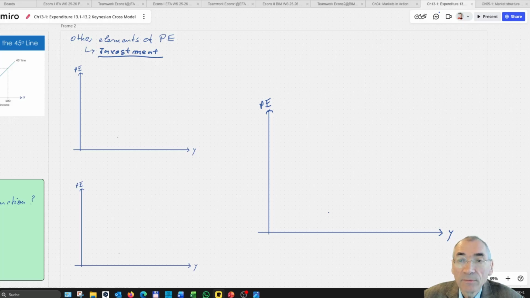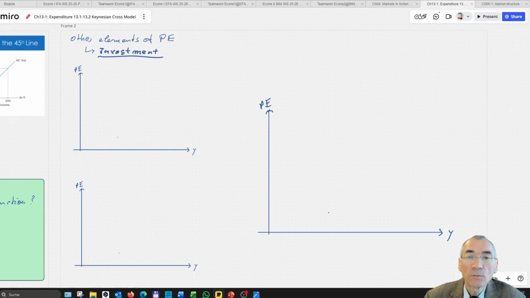In fact, investment in this model does not depend on income, which makes sense. It's not the income that makes the investment. It might be more the interest rate, but that is an exogenous factor in our model here. That's not on the axis. So the investment itself does not depend on the income.